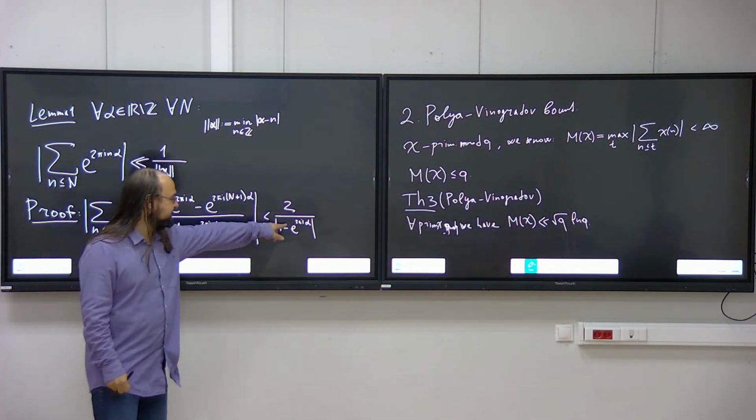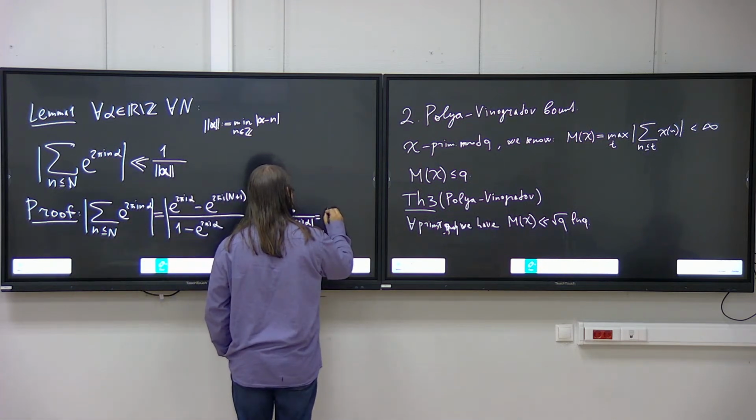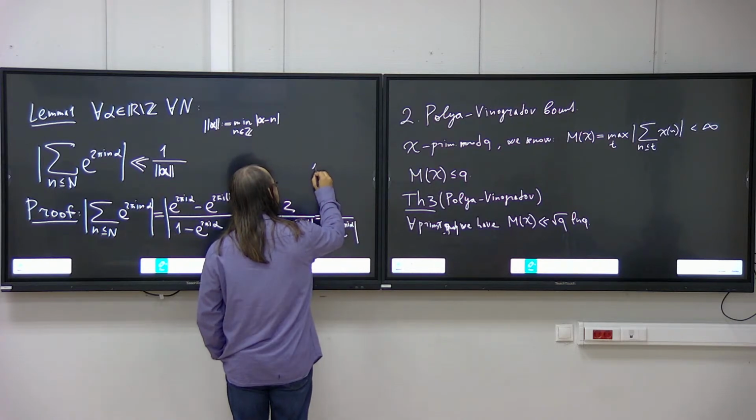And this thing in the denominator can be rewritten as 2 over e to the power pi i alpha minus e to the minus pi i alpha. So this is equal to 1 over the absolute value of sine pi alpha.